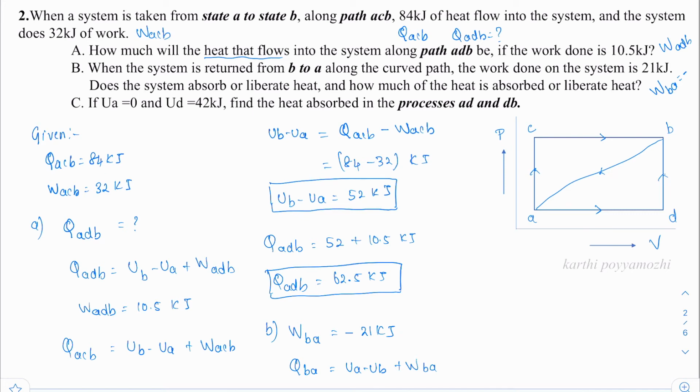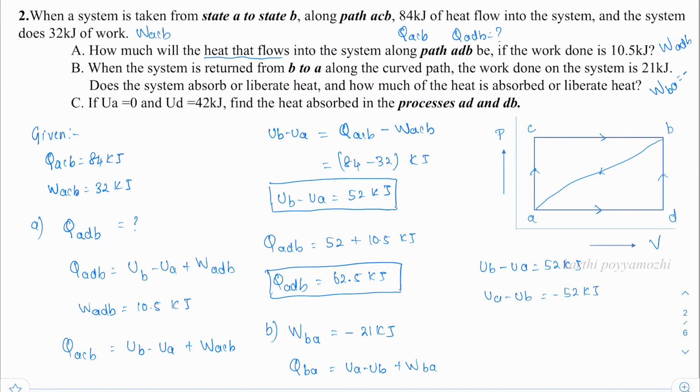We have the value of UB minus UA, that is the change in internal energy for the path A to B, and we can use the same value for this equation too. That is, UB minus UA is equal to 52 kilojoule, and we can write UA minus UB as minus 52 kilojoule.